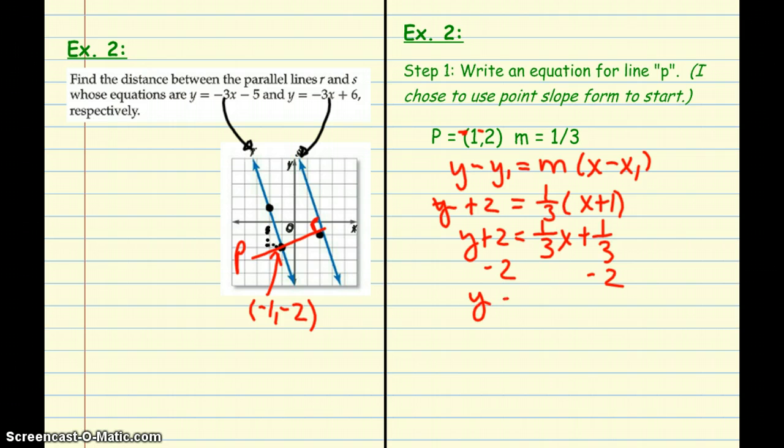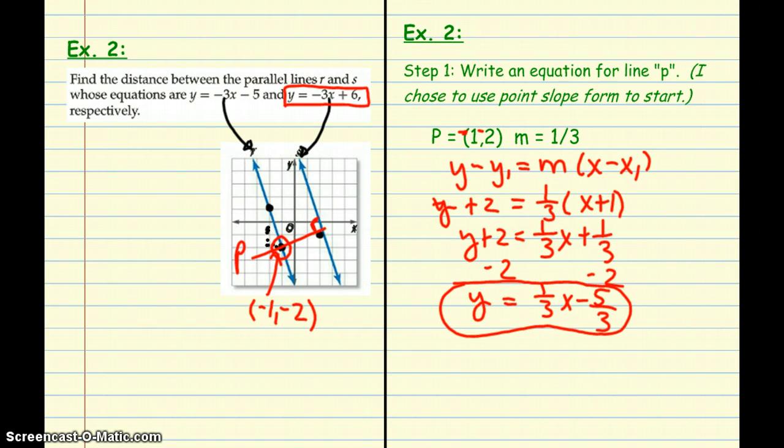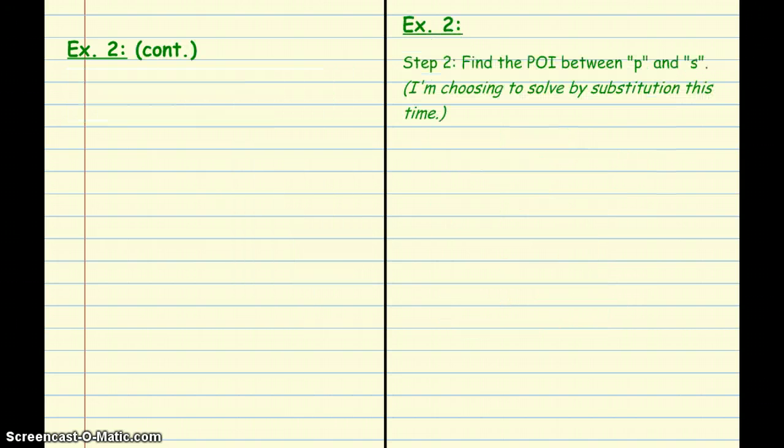So I get y equals 1/3 x, and it's negative 1 2/3, so I'm going to leave it as negative 5/3 because, again, like before, we're going to use the systems of equations to do it. Now, in this case, because I used this point -1, -2 from this first line, we're going to end up using this second equation for our point of intersection.